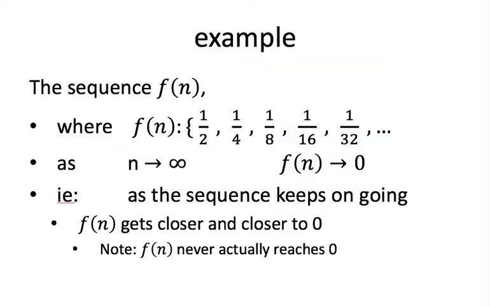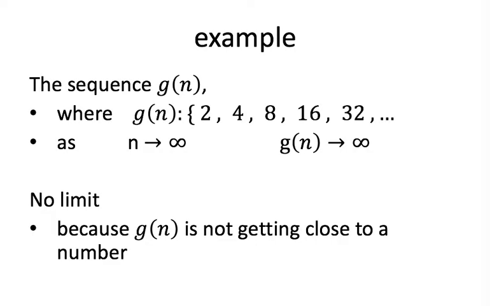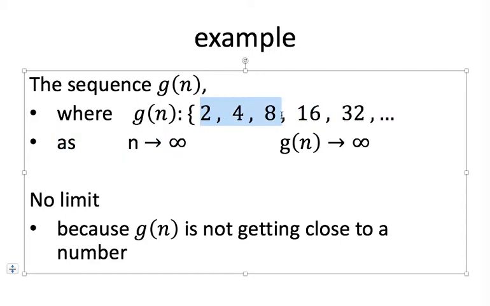So here was an example of a sequence that had a limit of 0, but not all sequences have limits. Here's an example of a sequence that does not have a limit. G of n here is defined as the sequence 2, then 4, then 8, then 16, etc. And for this particular example, as n goes towards infinity, our g of n just also goes towards infinity.